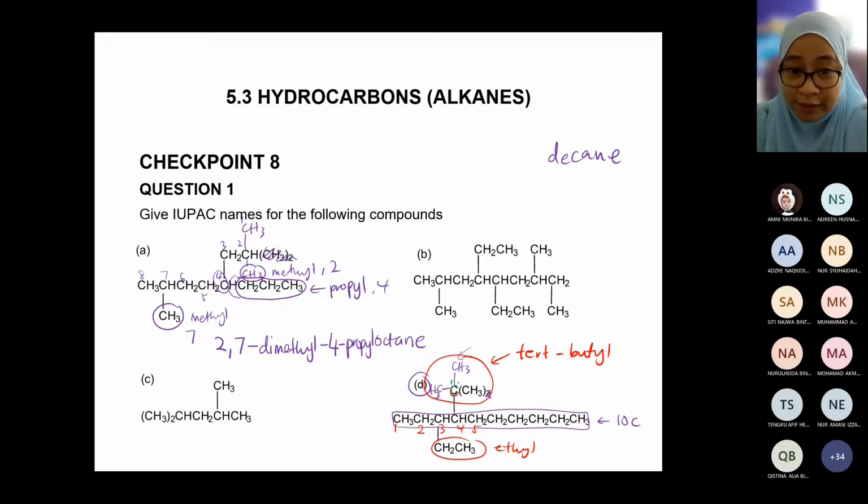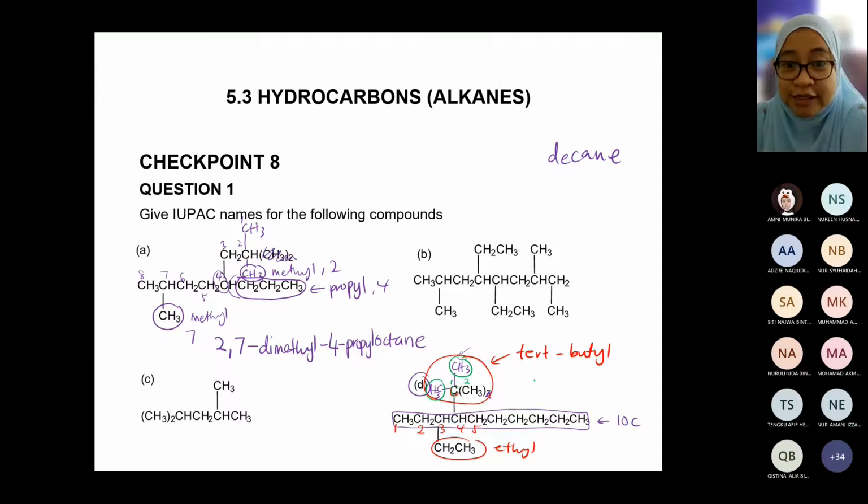Tapi either way pun you boleh pilih mana-mana, you akan tetap dapat 2 carbon saja. 1, 2. Dia punya parent will be 2 lah. You nak naik atas pun sama, 1, 2. Okay, the rest will become the substituents for these substituents. So this will be substituent and this is another substituent attached to the same first carbon.